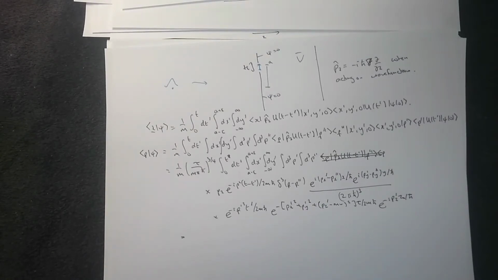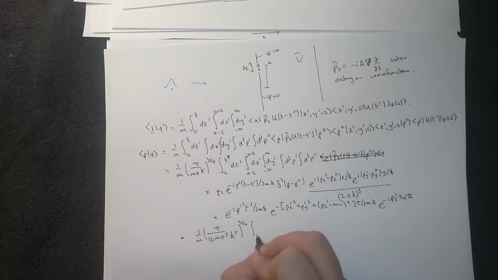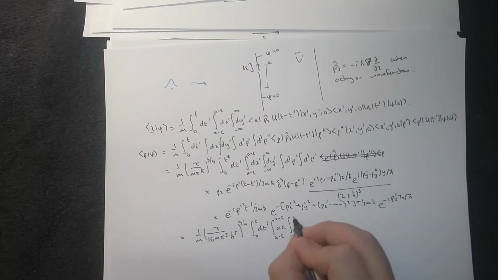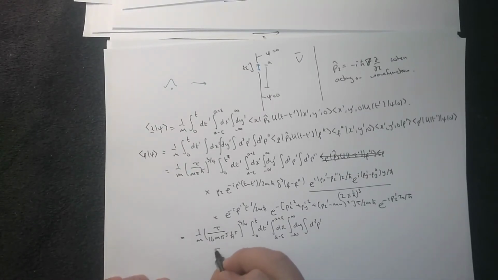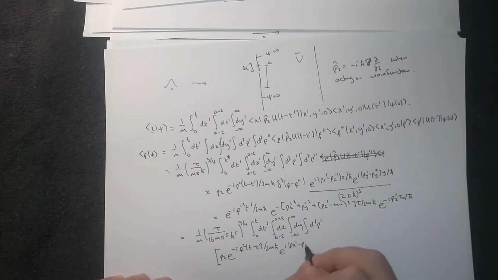What we will find is 1 over m, 2 over 16 m pi to the 5 h to the 5, to the 3/4, integral 0 to t dt prime, integral dx a minus epsilon to a plus epsilon, integral dy minus infinity to infinity, integral d3p prime of pz, e to the minus i p squared (t minus t prime) over 2m h bar, e to the i (px prime minus px) x prime over h bar.